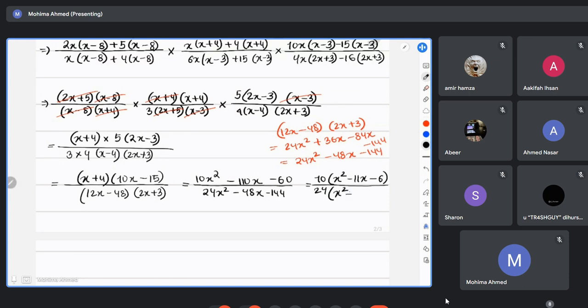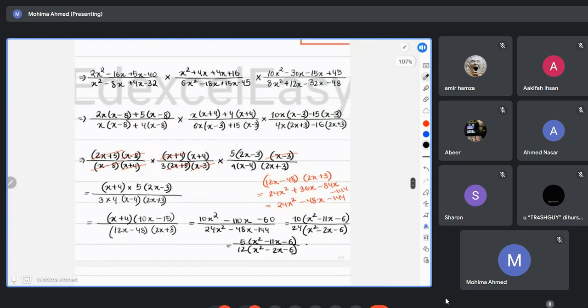Right? Plus minus 2x minus 6. Right? At the end, 10 over 24 comes out to be 5 over 12. So finally, you get 5 x squared 11x minus 6 and 12x squared 2x minus 6. This is the final answer. If there is any question, please ask. We can solve it right now.